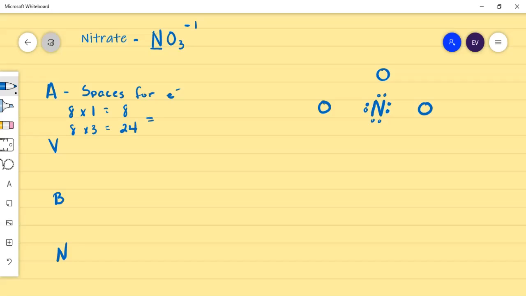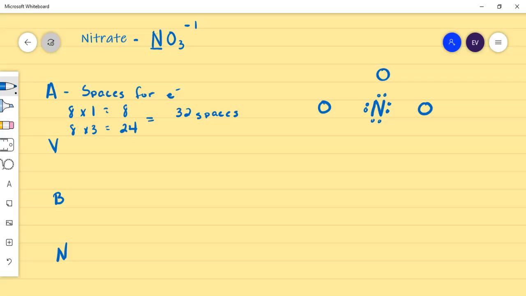If I add those together, I should end up with a total of 32 spaces for electrons. So remember, the spaces is the space amount allowable for electrons to go on around the atom, in the cloud. All these elements, most of the time, are going to have those 8 spaces.